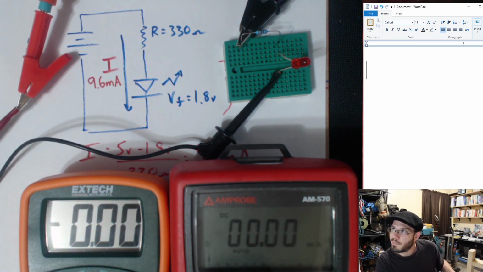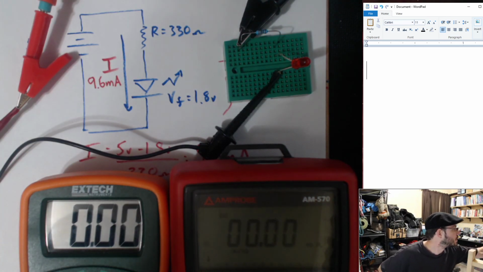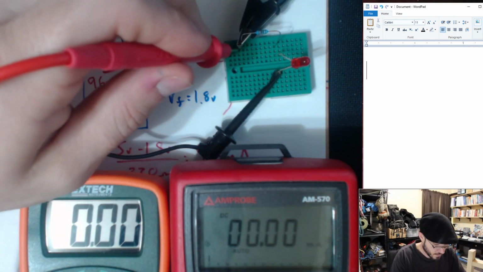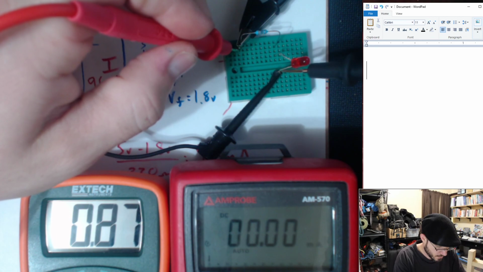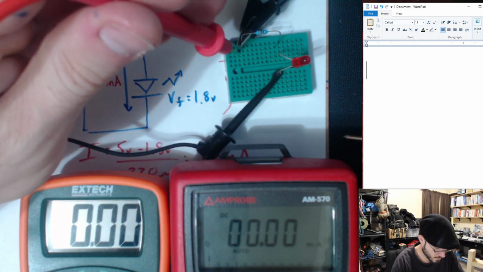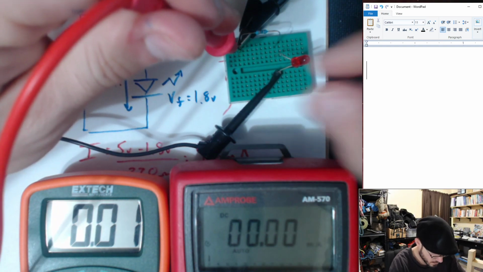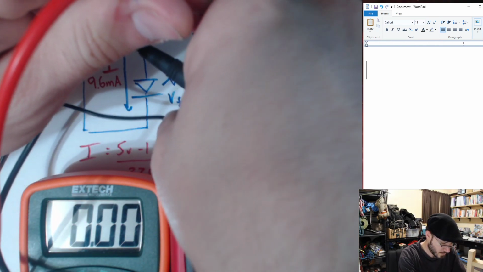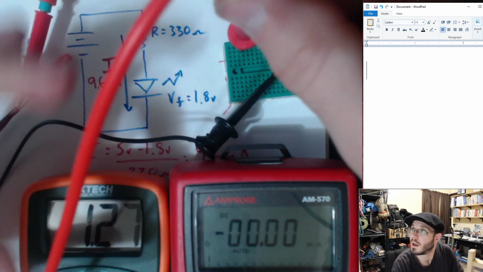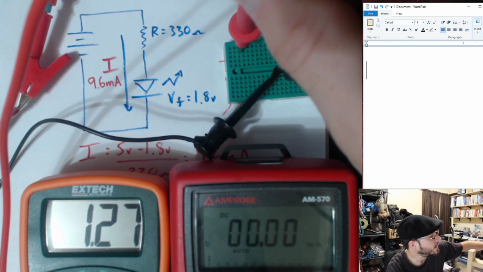Let's take this up to 2.5 volts. Okay, so we're at 1.27.